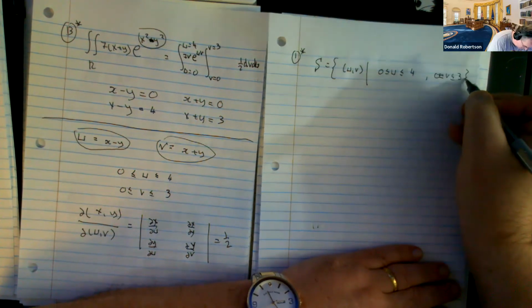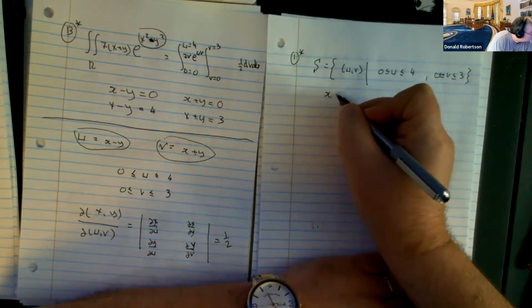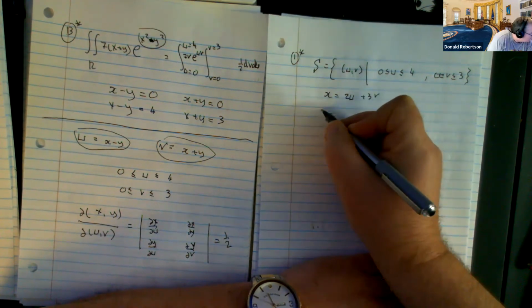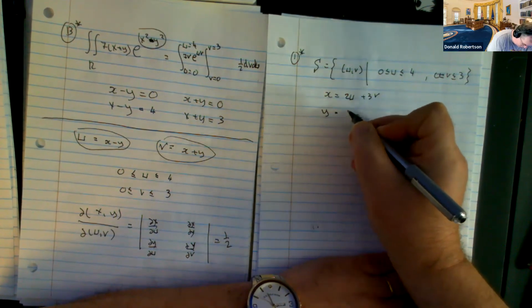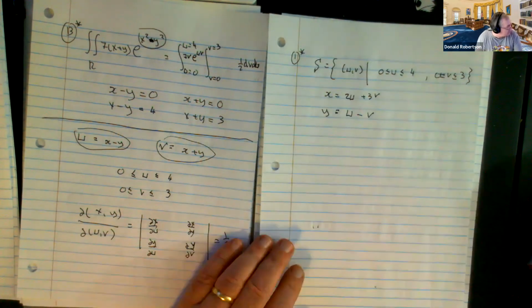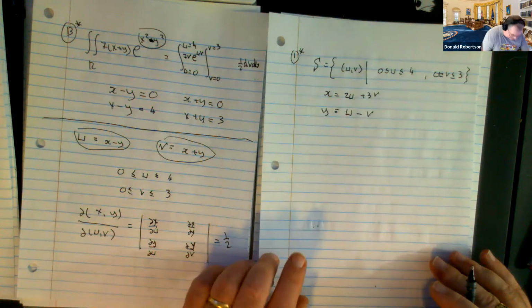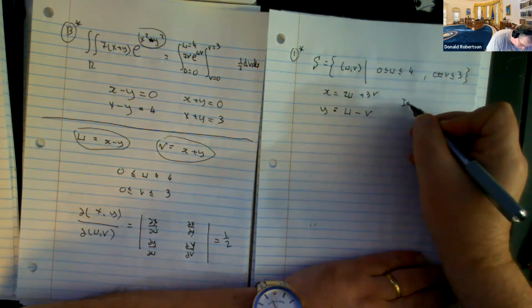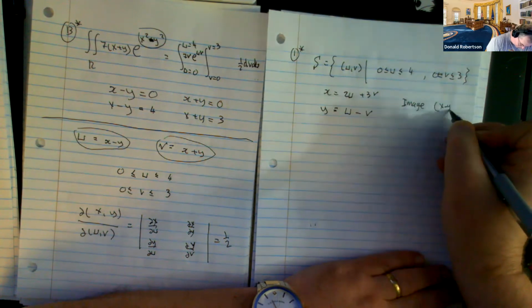And we're given that x is equal to 2u plus 3v and that y is equal to u take away v. And we are going to take this region and find what they call its image. What they're after is, what does it look like in XY space?